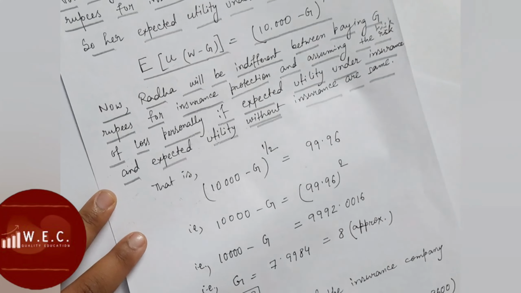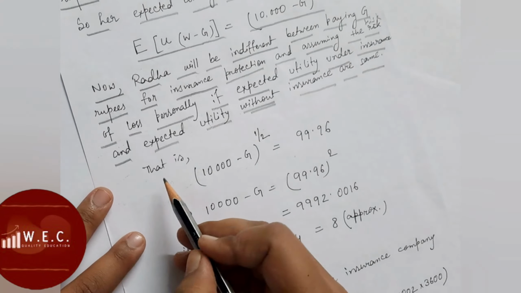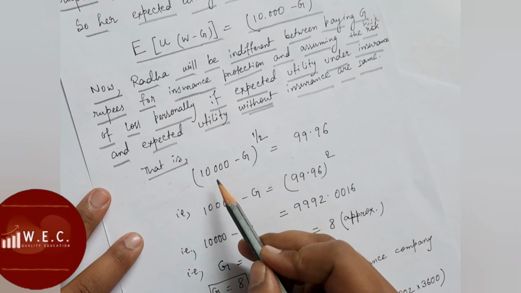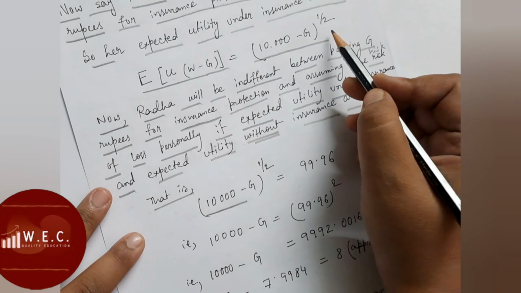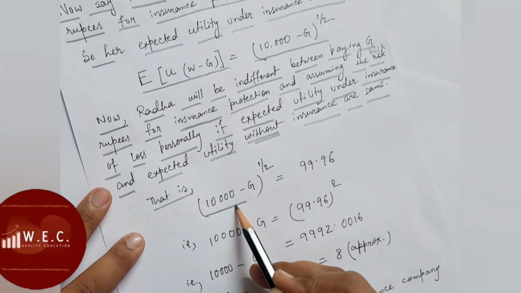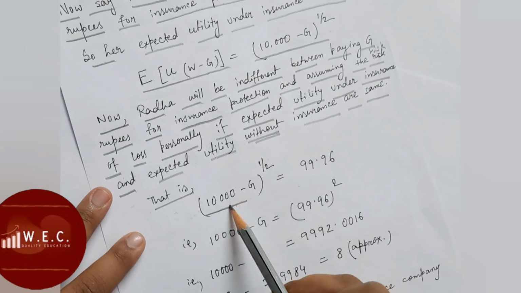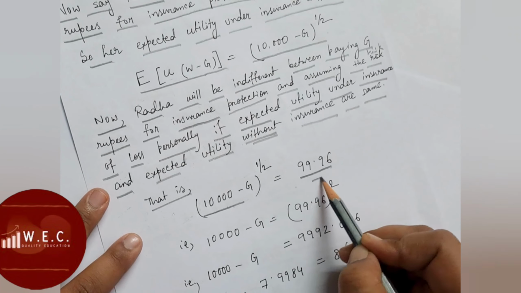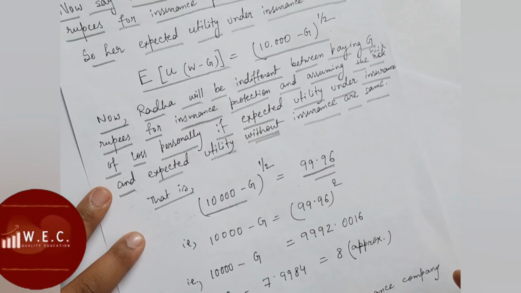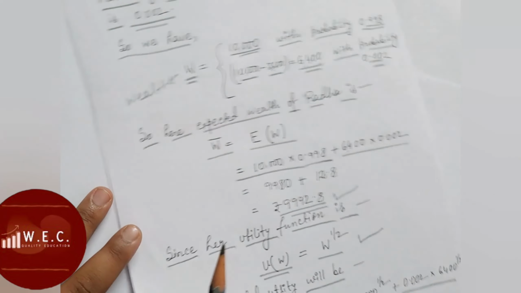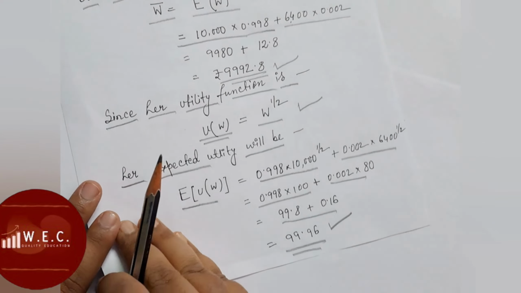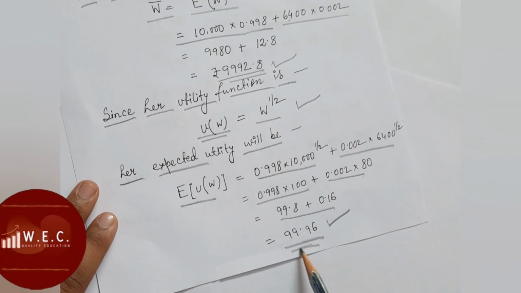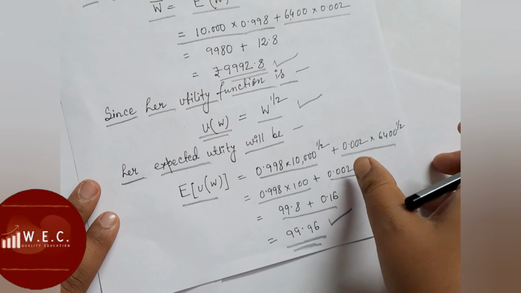From this equation we can calculate the value of G. That is expected utility under insurance, that is 10,000 minus G whole to the power half equals to 99.96. That is nothing but the expected utility without insurance.